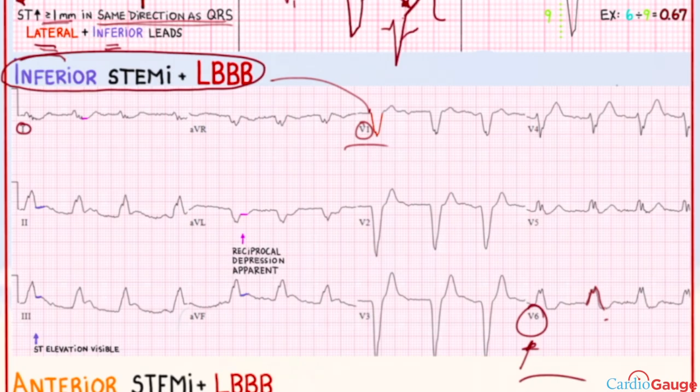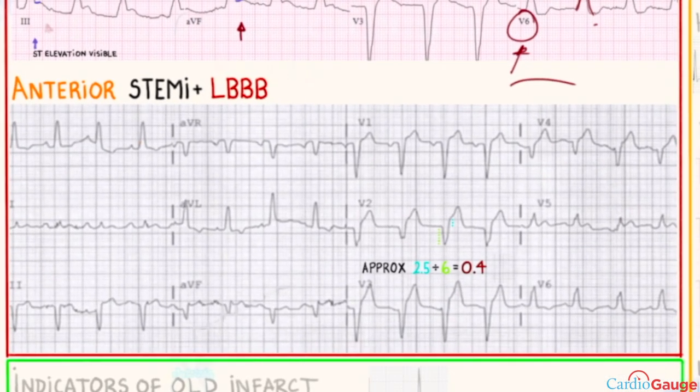We know we can see inferior ST elevation MI with left bundle. Looking here, there is indeed ST elevation in the inferior leads, all of them, 2, 3, and aVF. And there's even some reciprocal ST depression here in aVL, and also in lead 1. So this is a pretty clear-cut example, and I've had a few of these over the years where the patients had inferior STEMI in the presence of left bundle branch block.